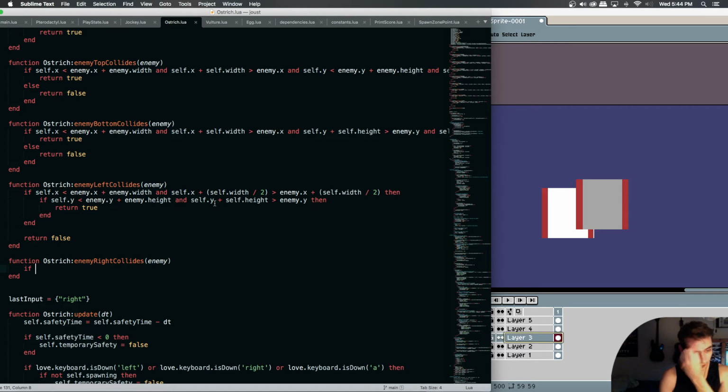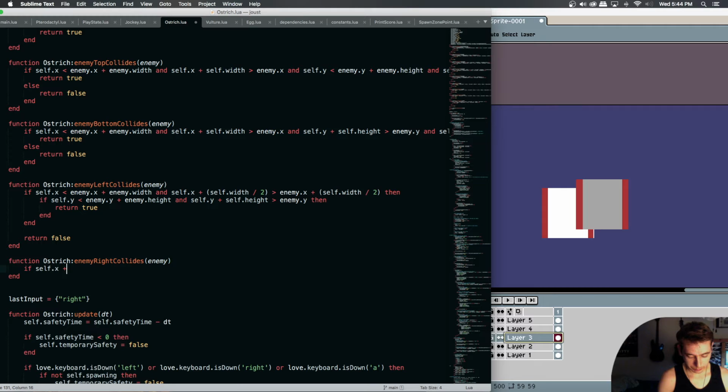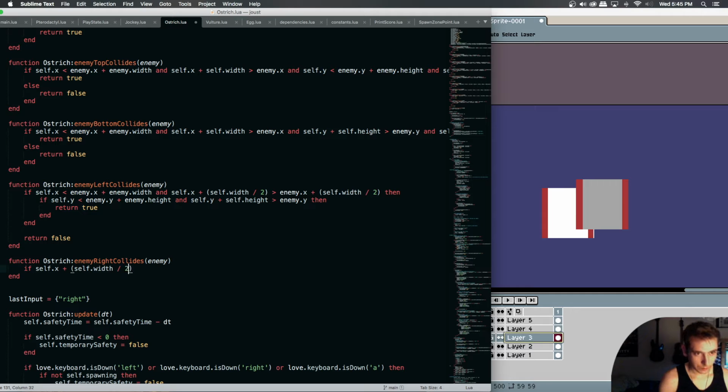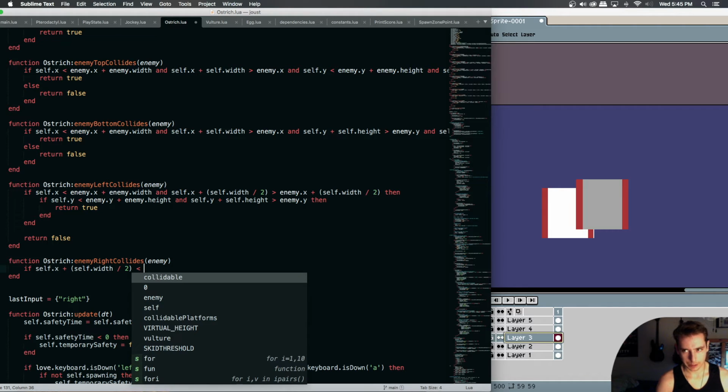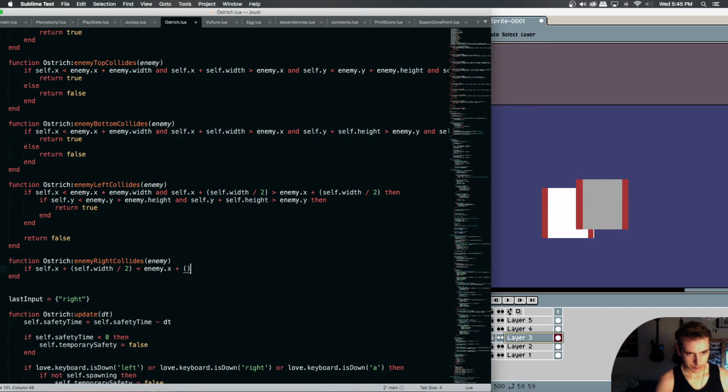So our ostrich right collides. We're seeing if the left side of our ostrich, which is self.x plus half of our width, that's where the 8 came from, would need to be smaller than the right side, which would be enemy.x plus half the width.